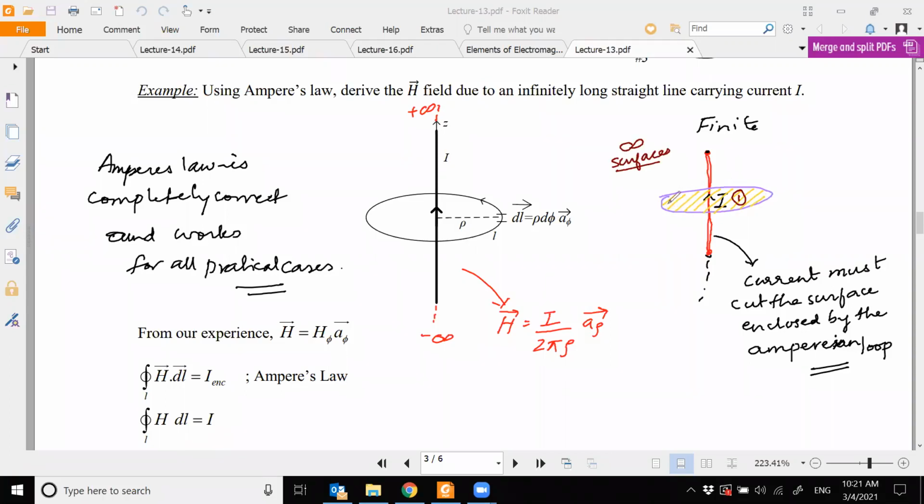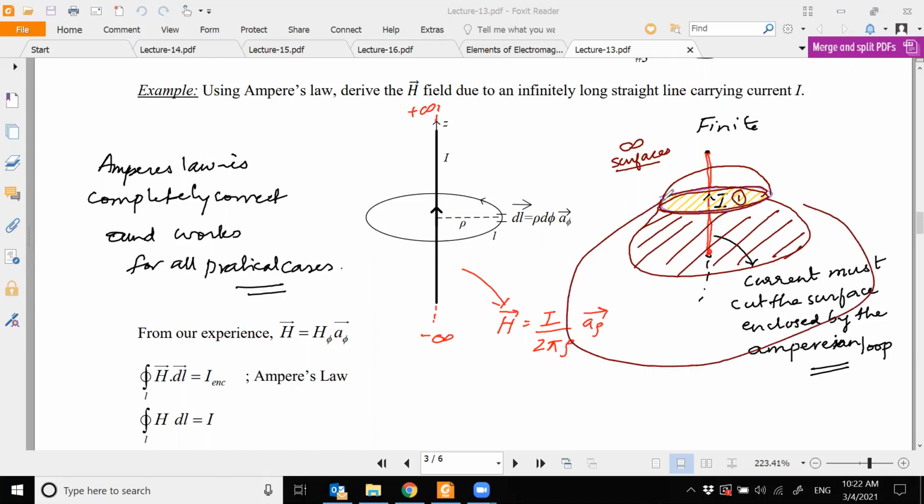Why? Yellow is one. Can't we have a surface something like this? And can't I have a surface like this, which is enclosed like a pot, and the opening of the pot is this ring? And can I have a surface like this?